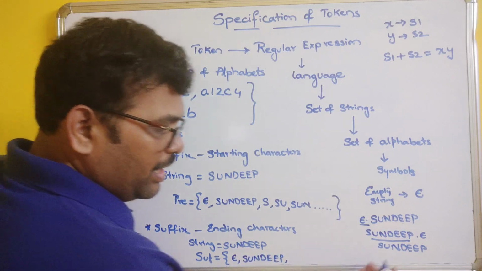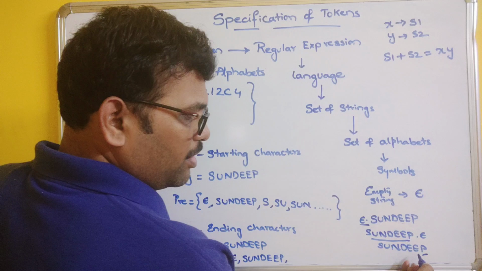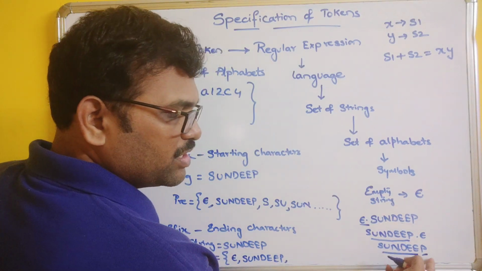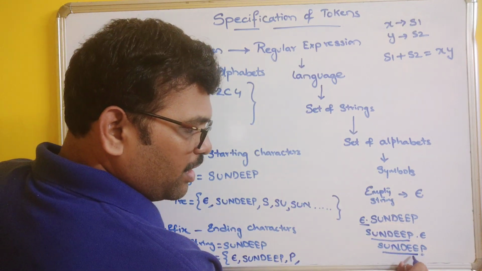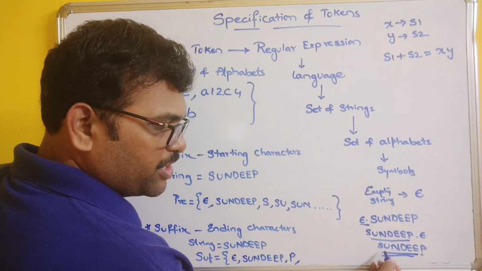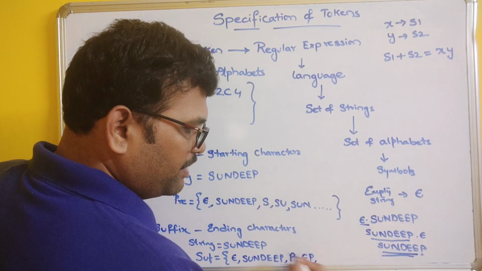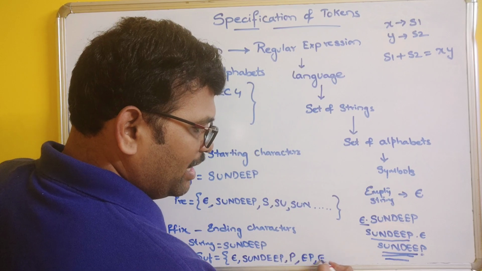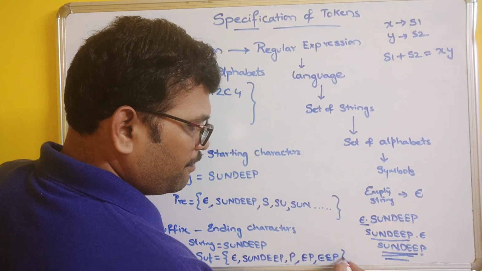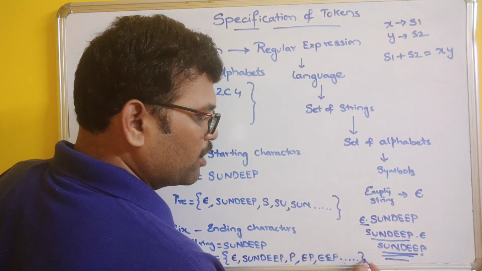Now if you consider P as a string, the suffix is P. If you consider SUNDE as a string, then EP will be the suffix. And if you consider only SUND, then EEP will be the suffix, and it will move on.